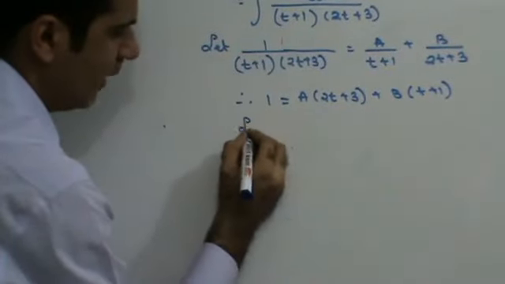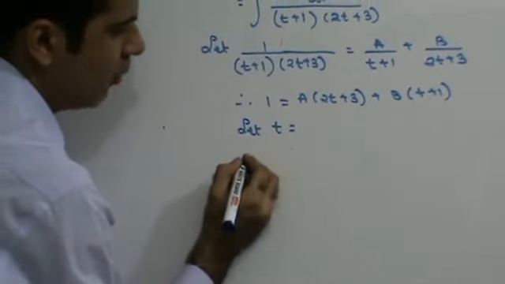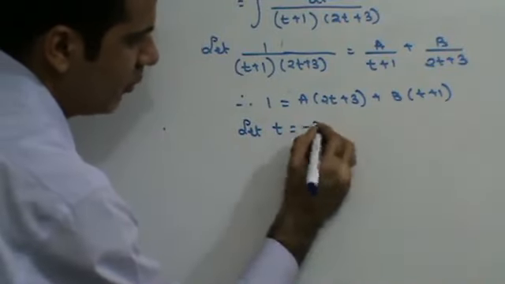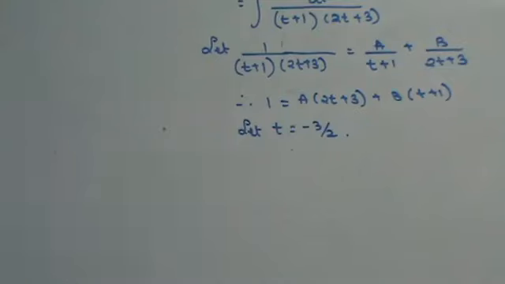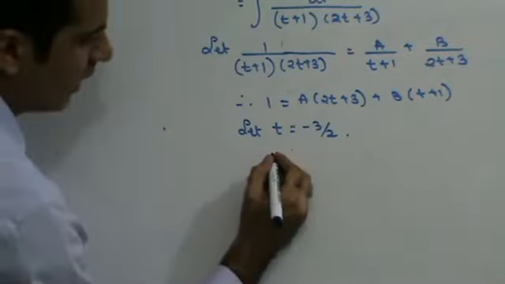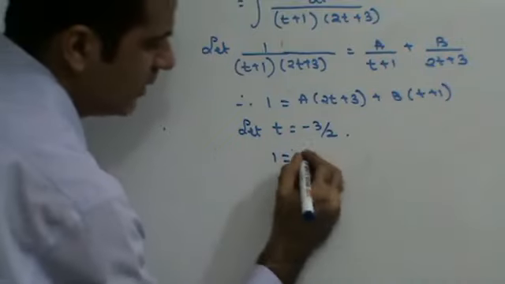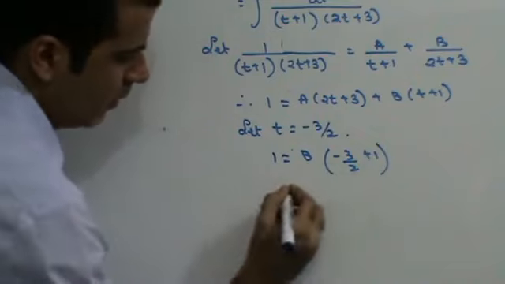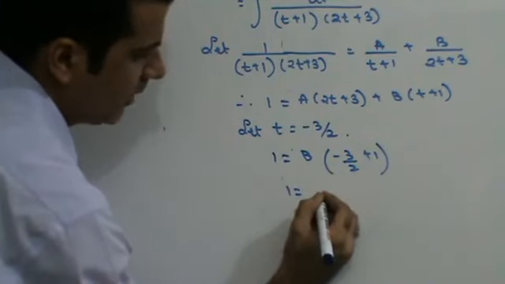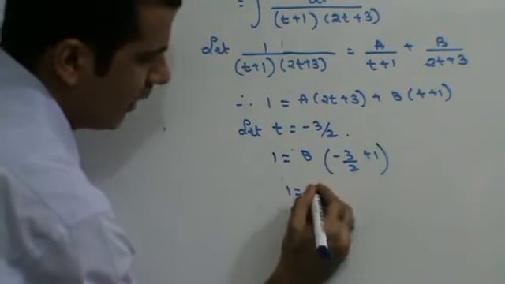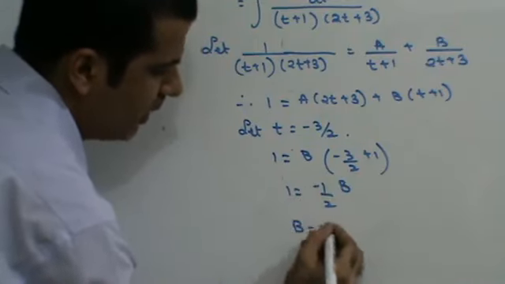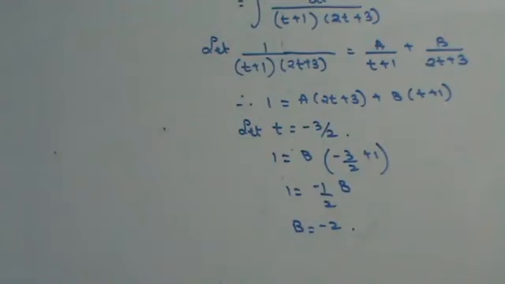right? I want to make this bracket 0, so I'll assume t to be equal to minus 3 by 2. The a term gets cancelled. So in that case I'll get 1 is equal to b into (minus 3 by 2 plus 1), which is minus 1 by 2 b, therefore b is minus 2, right?